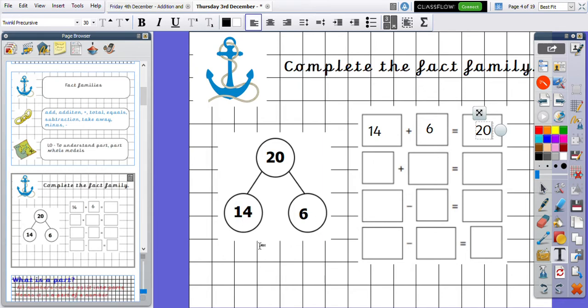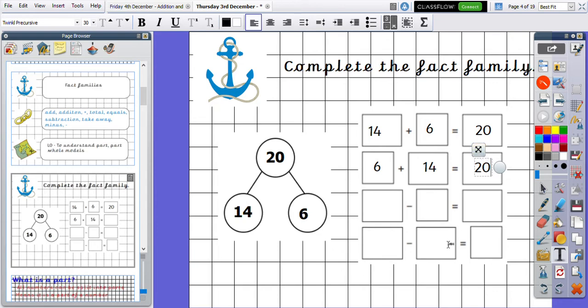So I've just added these two up together. Now I know if I did it the other way around, 6 add 14, that would still make 20. So that's what I am going to do. And that equals my 20.